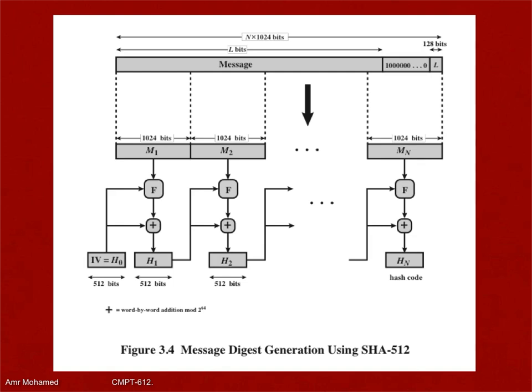So the ultimate hash is dependent on all the blocks before it, okay? But unlike the mode of operation, where we produce the cipher text block to block, and then we take all these blocks to be the cipher, here we don't do this. We only take the last hash.